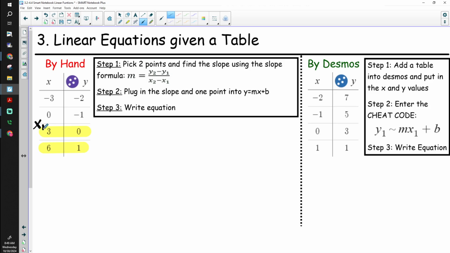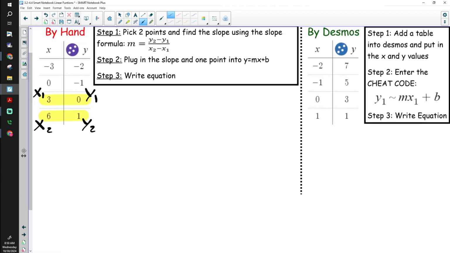I got my x1, y1, x2, y2. Okay, and let's do our slope. y2 minus y1, what do I write on the top? y2 minus y1, what numbers are that? y2 is 1, minus y1, which is 0.